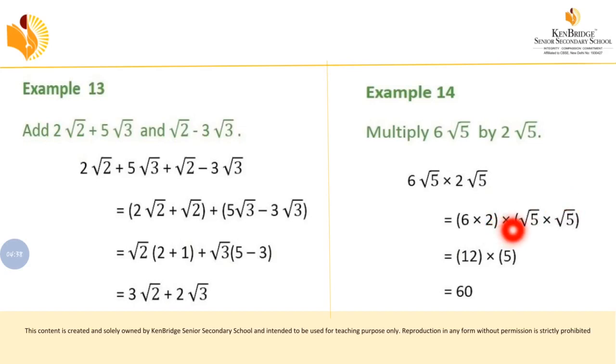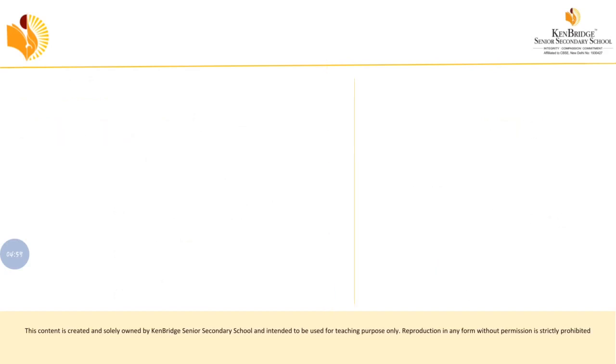For example, root 2 into root 2, the answer will be 2. In the same way, root 3 squared, the answer will be 3. Likewise. So here we got 12, and here we got 5. Now 12 into 5, 12 fives are 60. So 60 will be the answer. Okay, so let's move on to the next one.